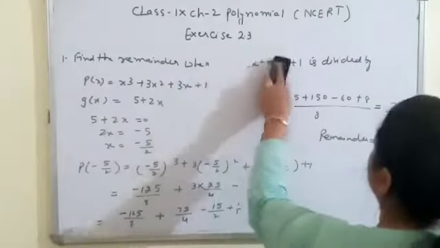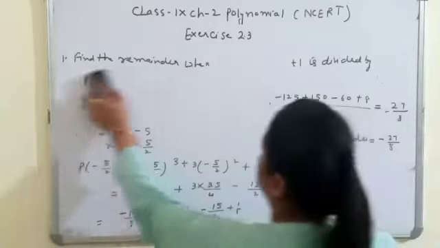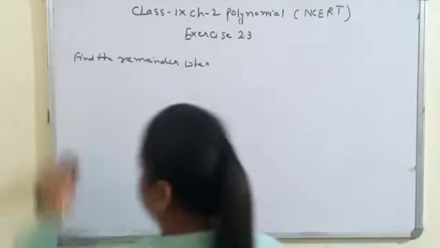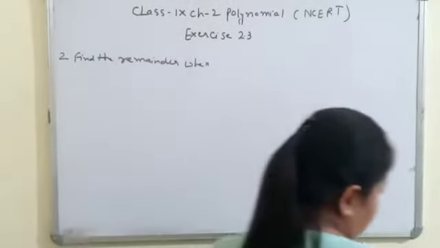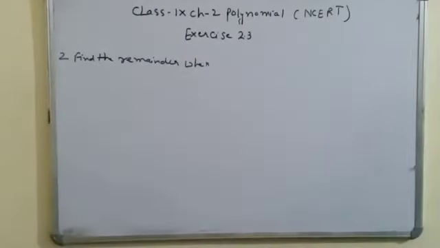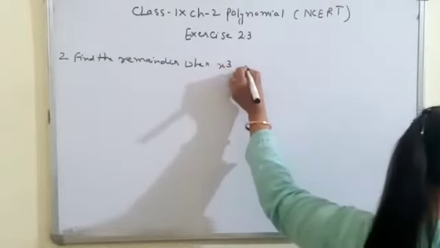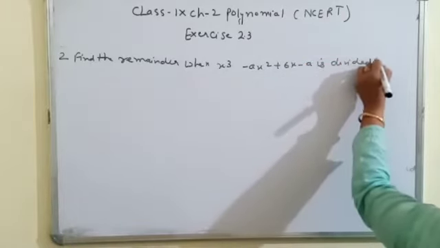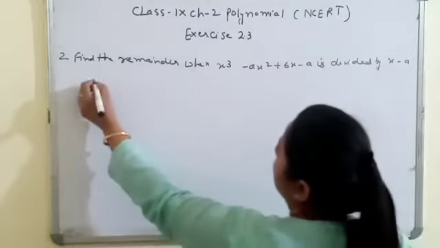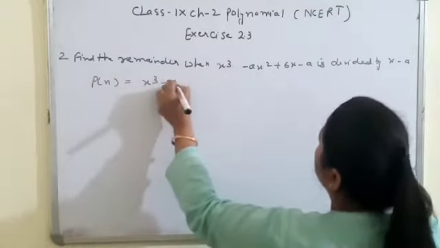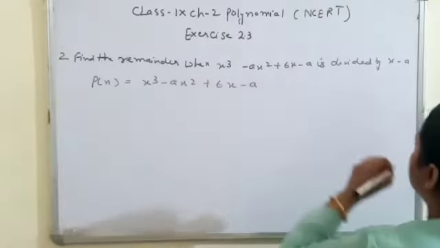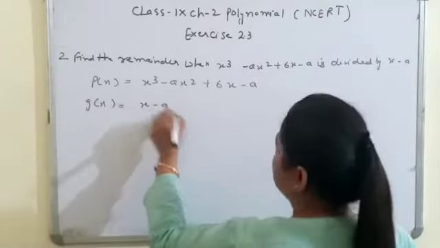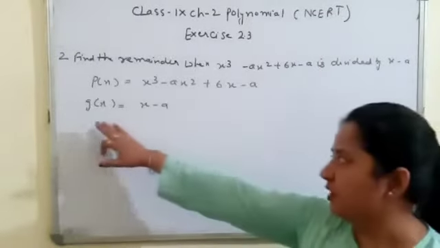So the polynomial is x cube minus ax square plus 6x minus a, and the divisor is x minus a. Same rule we will follow here.